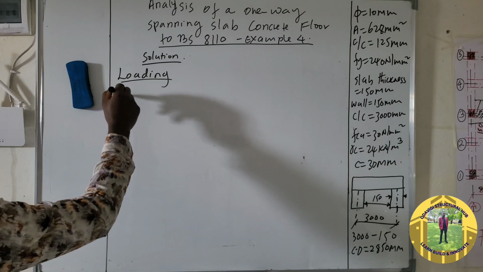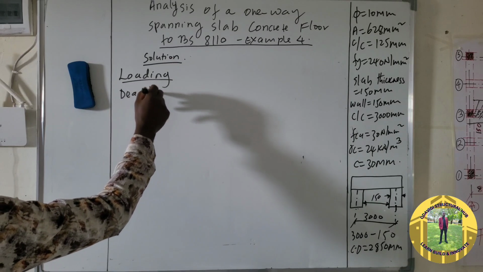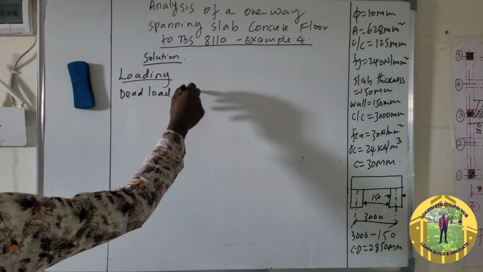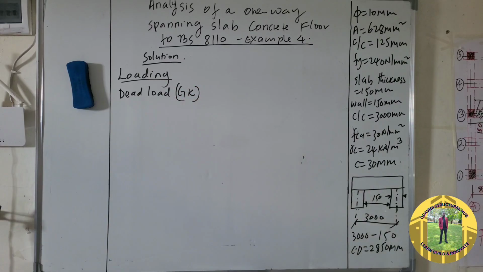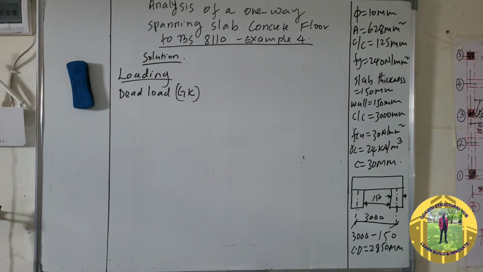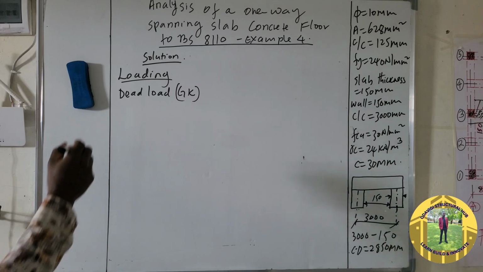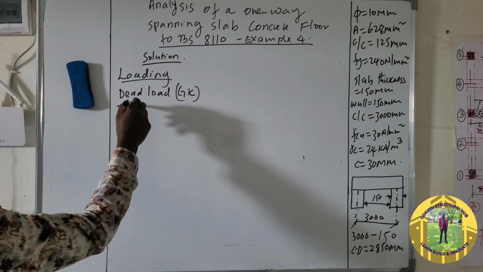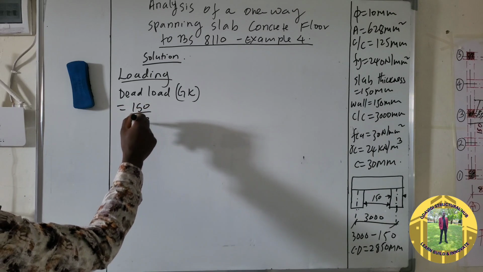So we have the dead load, which is GK. This is the self weight of the slab plus any other load which is permanent on the slab. It can be finishes, etc. Since we don't have any other load, we'll just calculate the self weight of the slab, which is given by the slab thickness, 150, divided by 1,000.